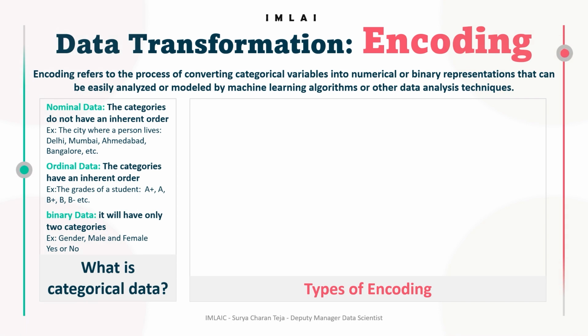Okay, binary categorical data. Now, if you want to see another example for nominal data, it's the department a person works in: finance, human resources, IT, production. And one more example for ordinal data is the highest degree a person has: high school, a diploma, a bachelor's, master's, PhD.